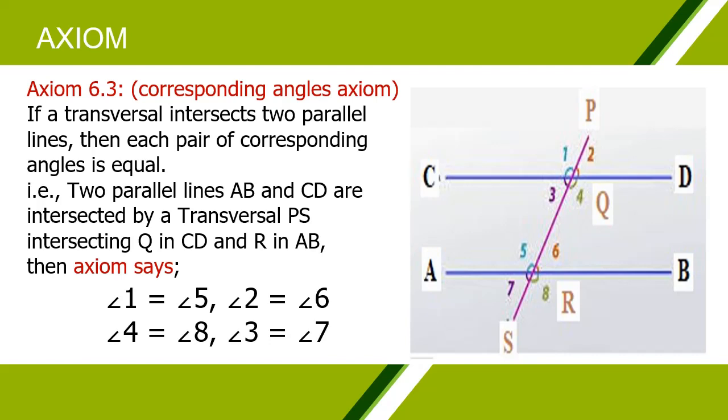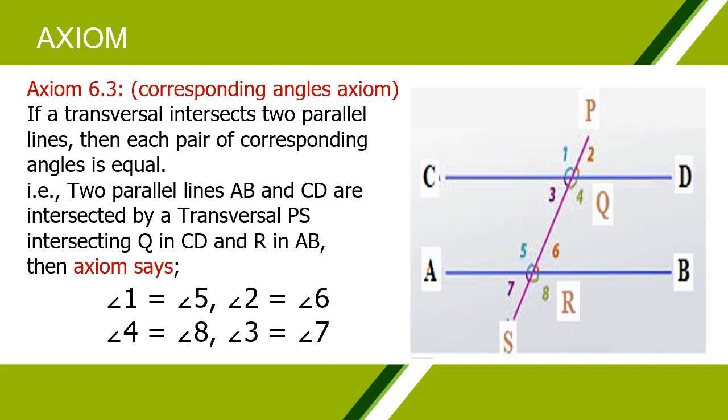We have already discussed axiom 6.1 and axiom 6.2 in our part 2. Now moving towards axiom 6.3. This axiom is based on the corresponding angles axiom. If a transversal intersects two parallel lines, then each pair of corresponding angles is equal.